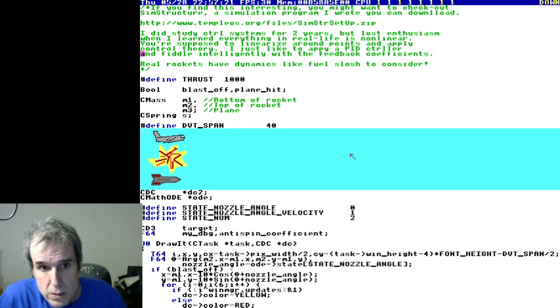Menu push, menu pop. When we run this, we have a menu up at the top. Restart. That didn't seem to work. Restart. It's waiting for a key. Okay. Restart.